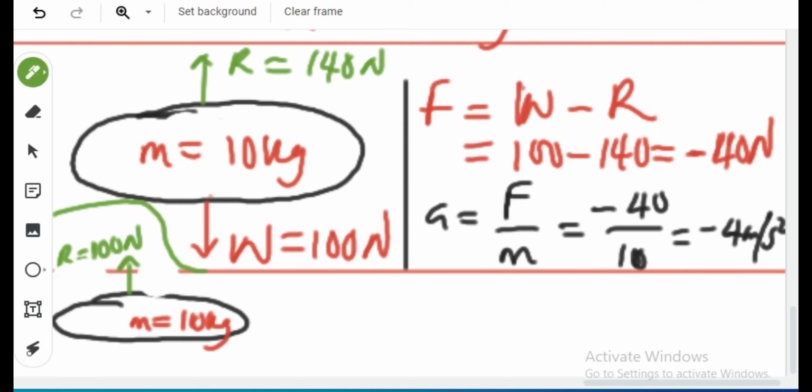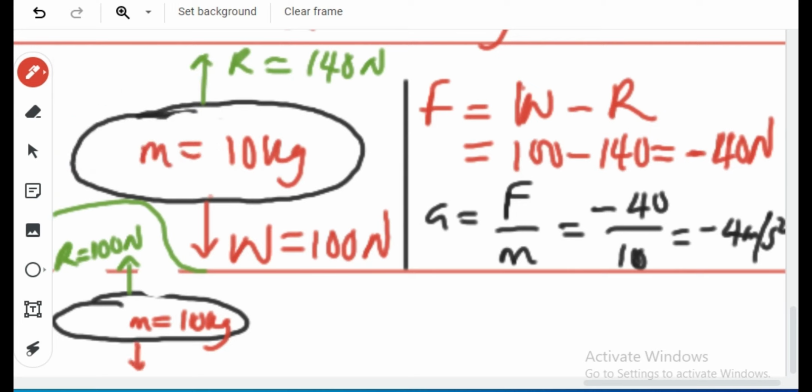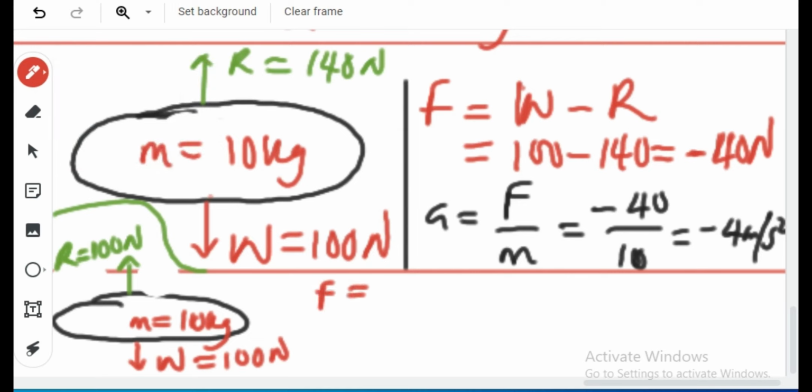Doesn't that mean the weight and the air resistance are equal? Beautiful. What's the weight? 100 Newton. Let's see the resultant force. Give me the resultant force now.